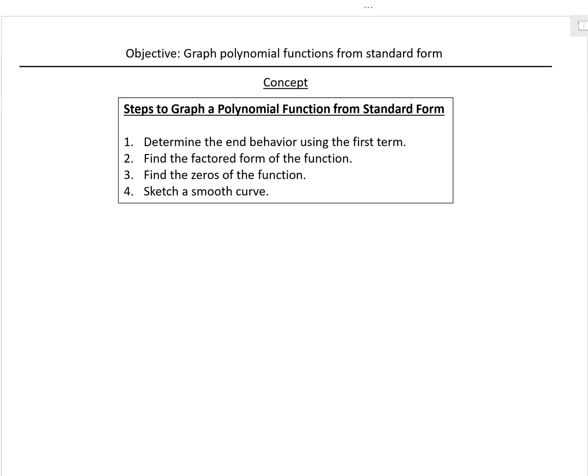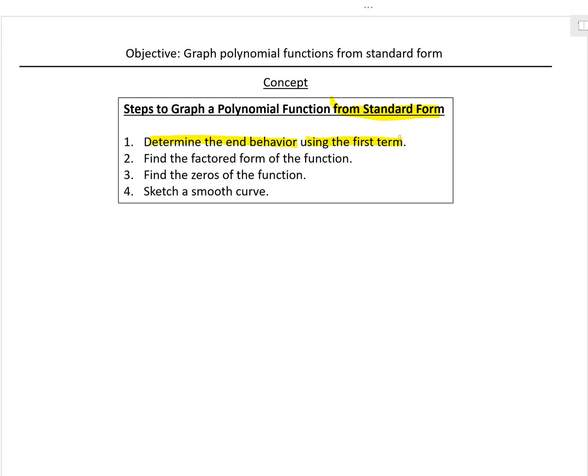So this is just a step-by-step process, basically what we'll be doing. We'll determine the end behavior using the first term that's in standard form.